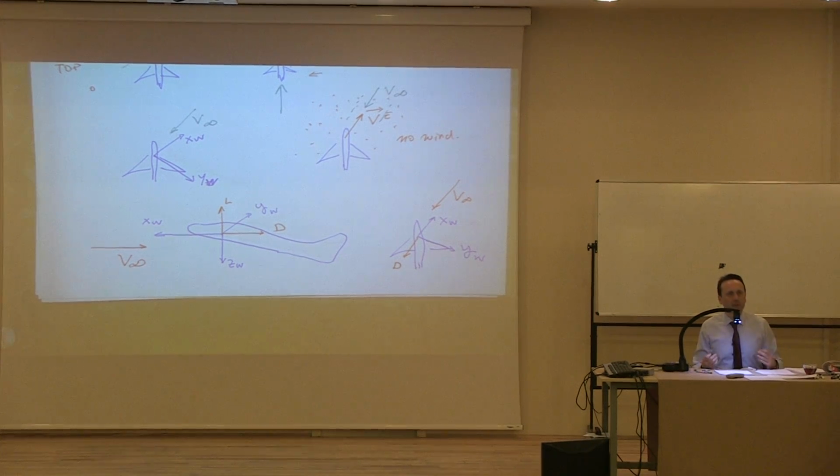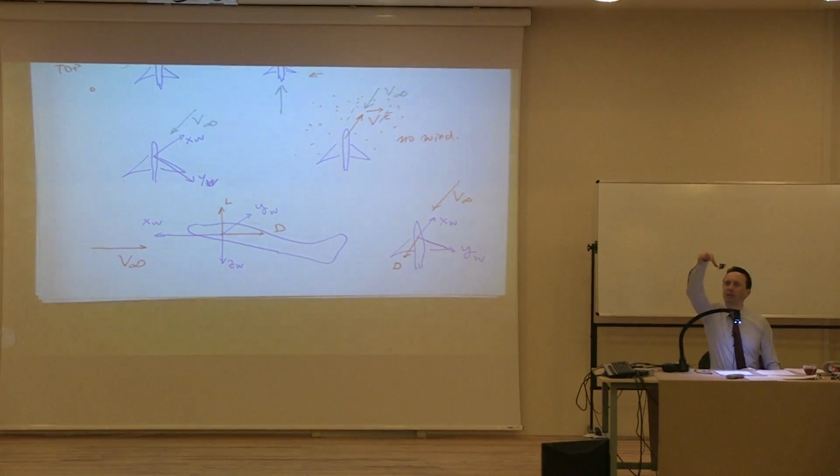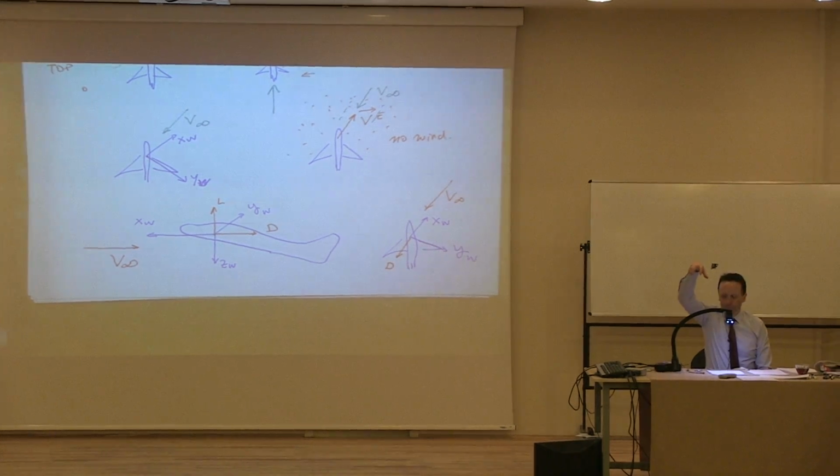Another example. Think of a balloon that is up in the air and staying in the air. If there's no wind, can you define a wind axis coordinate system? No. If there's no V infinity, you can't define a wind fixed coordinate system.